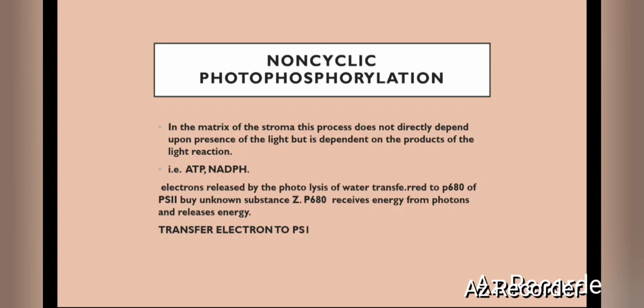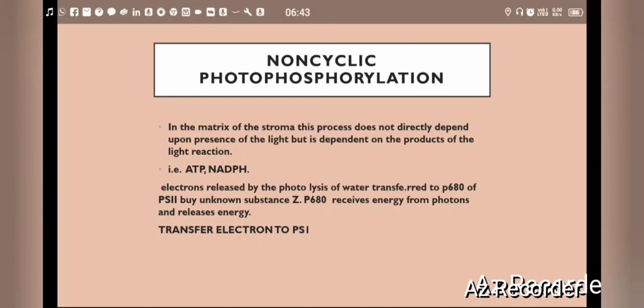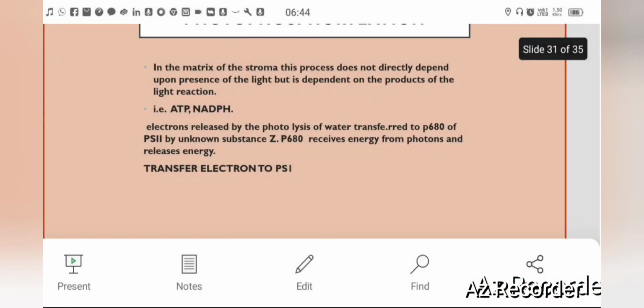Electrons released by the photolysis of water are transferred to P680 of PS2 by unknown substance Z. P680 receives energy from the photons and releases energy.